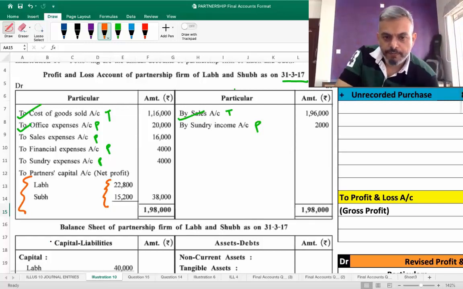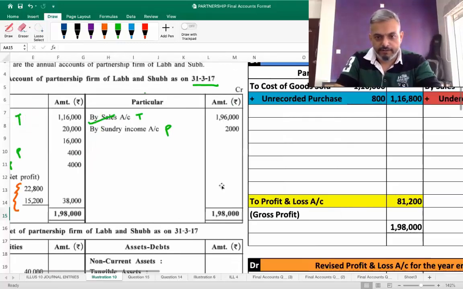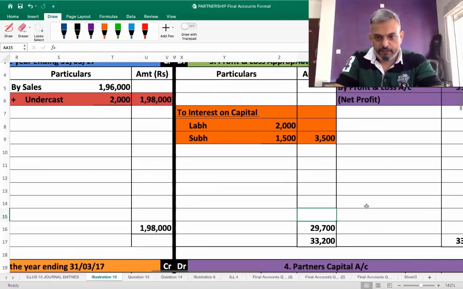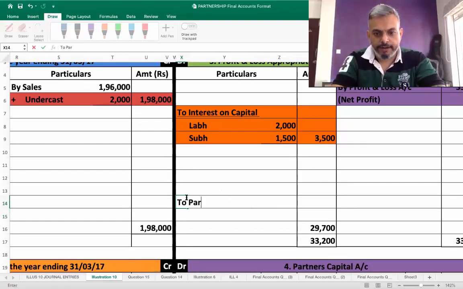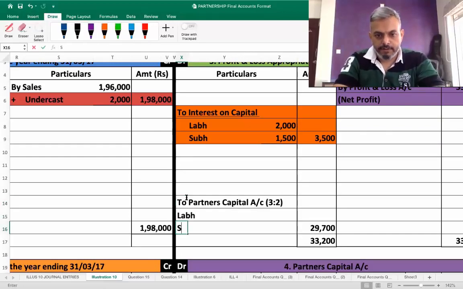Now, let's give the profit to the partners. They're waiting for it. So, to partners, capital account. Right over here, mention over here, 3 is to 2. Labh and should.